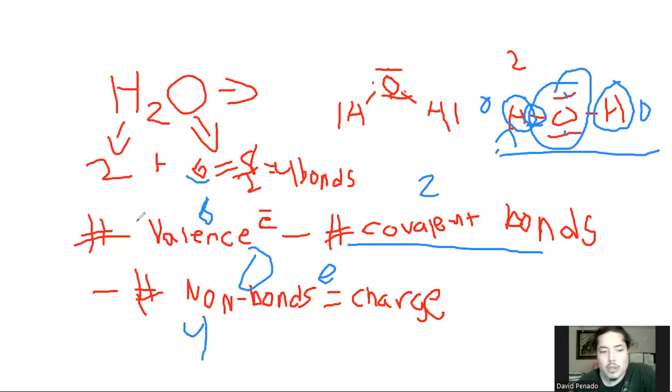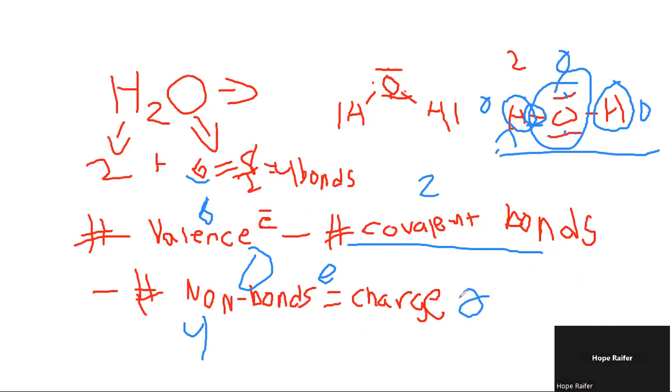There's 4 electrons. So now we do the math. 6 minus 2 minus 4, which is 0. So that's how the whole thing is neutral. Gotcha. Okay.